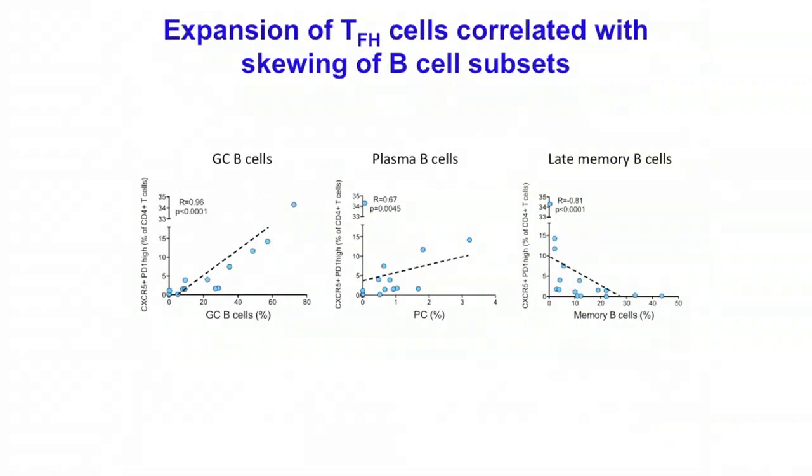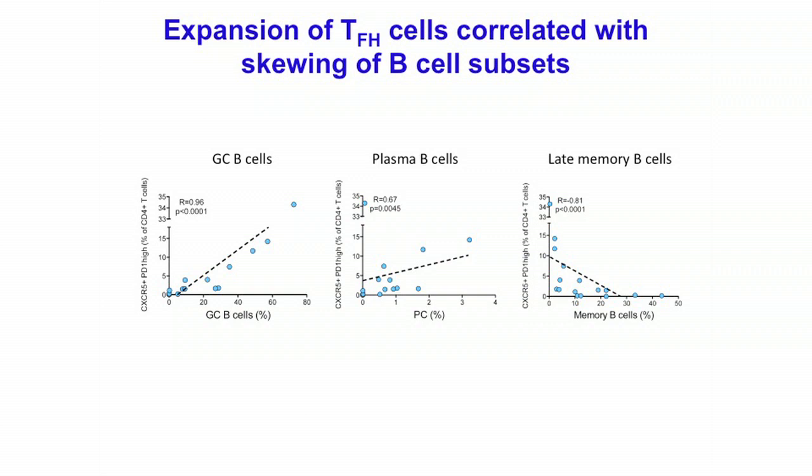And while we can't put it down to a mechanism and can only look at correlations in humans, we see that this is associated with the level of T follicular helper cells in the patients. The germinal center B cell expansion is associated with an expansion of T follicular helper cells. Same, more moderately, for the plasma cells.